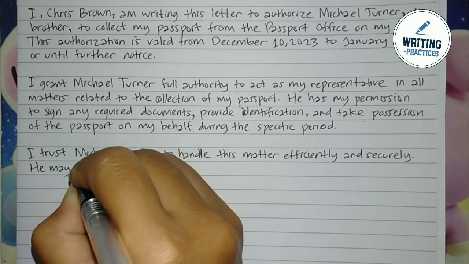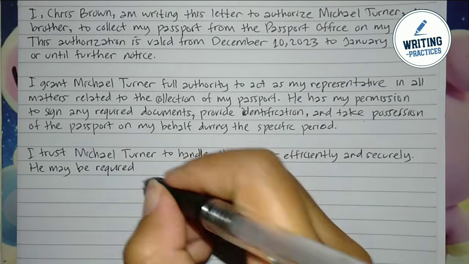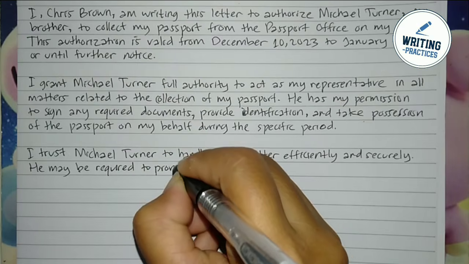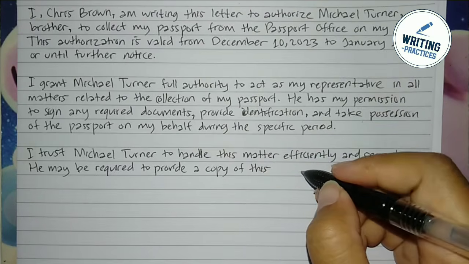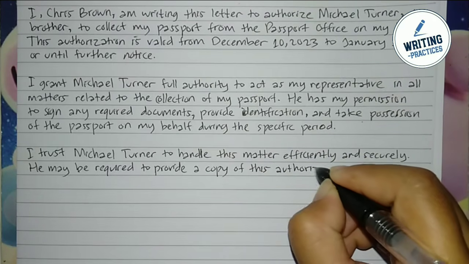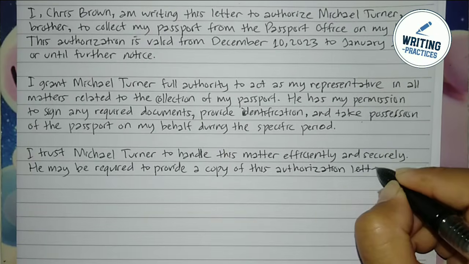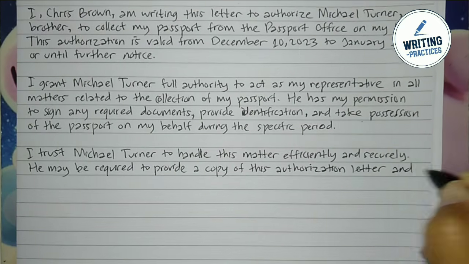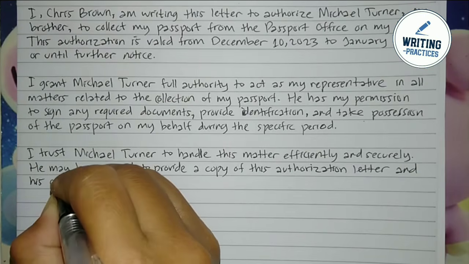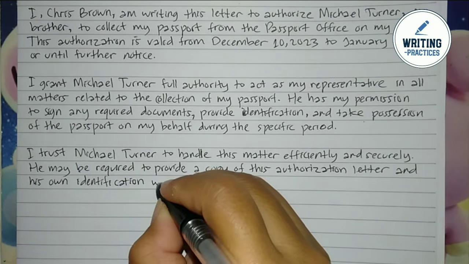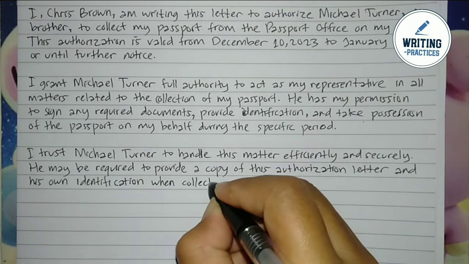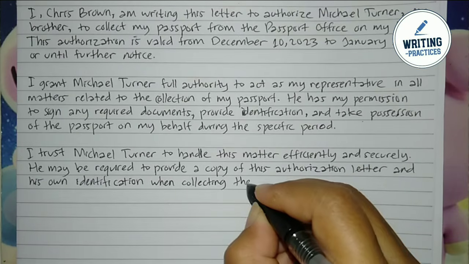And here, you must write in detail about the authorized person's ability to carry out the designated tasks responsibly and efficiently. For example, the writer stated he may be required to provide a copy of this authorization letter and his own identification when collecting the passport. And you have to make sure the person you give authorization really understands their job and brings all the documents required.